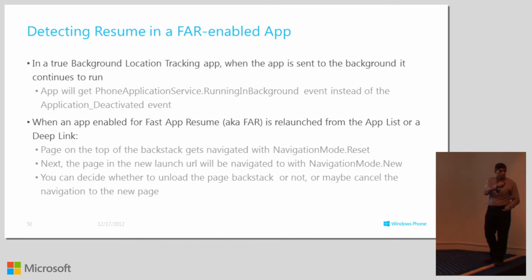Okay, so this is basically what you were asking. So if your application is running in the background, then instead of the deactivated event, you will have the navigated to event, and you'll have the navigation mode equal to reset. So you know if you're coming back from fast resume or not. Okay.